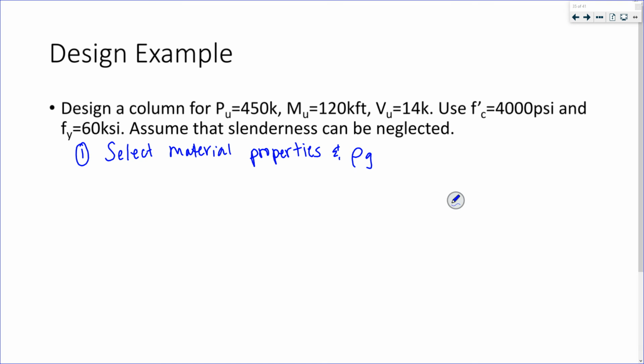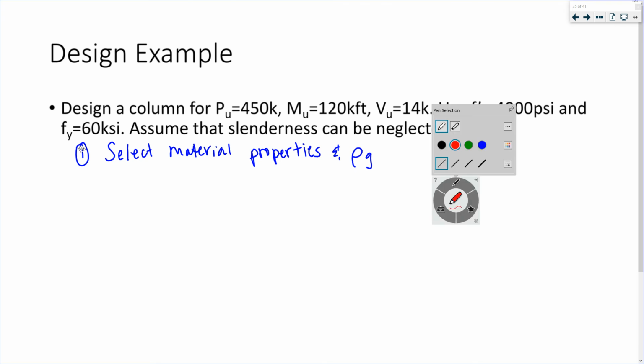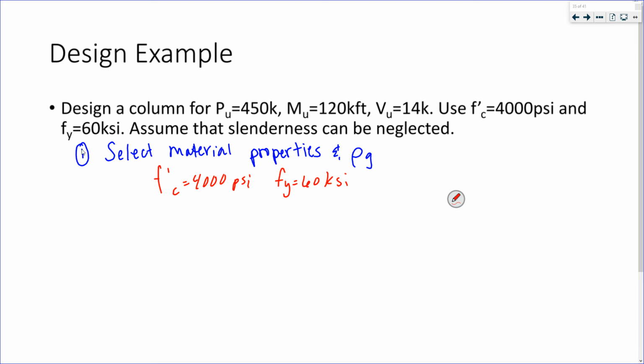Our f'c is 4,000 psi, our fy is 60 ksi, and let's select a rho of 0.015. We want between 1 and 3 percent, so you could pick 2, but let's pick 0.015.